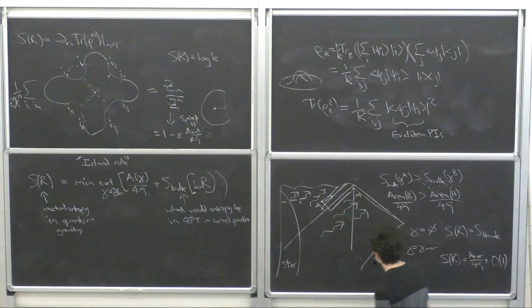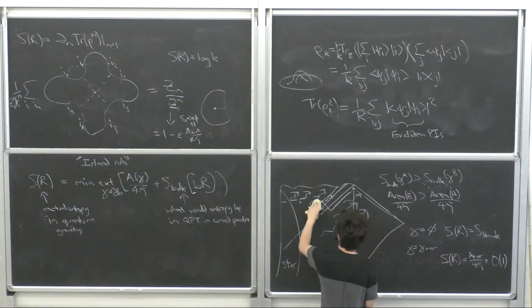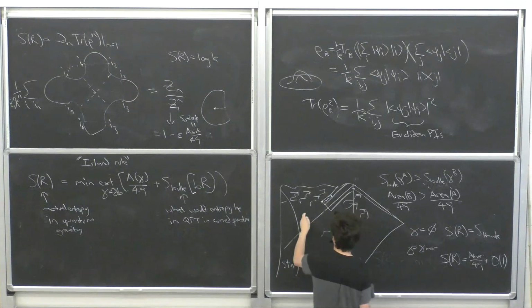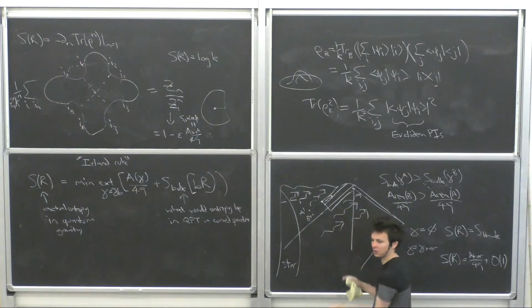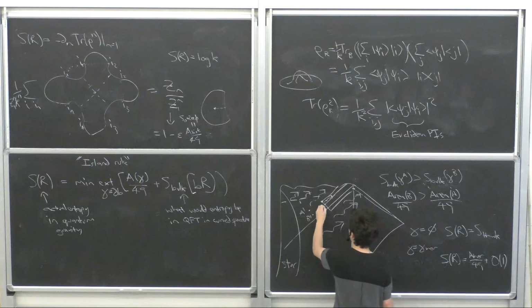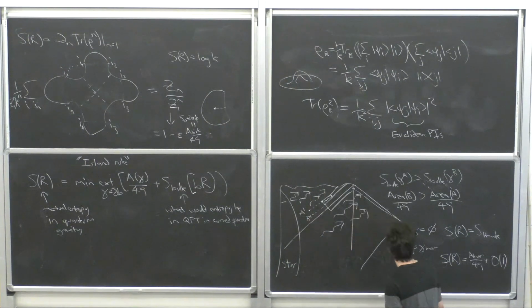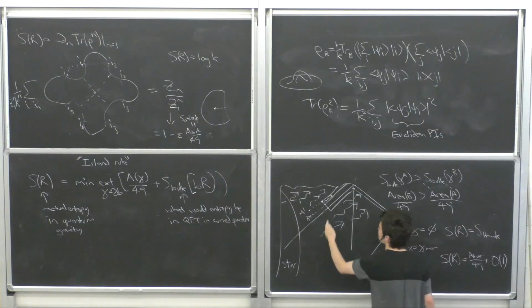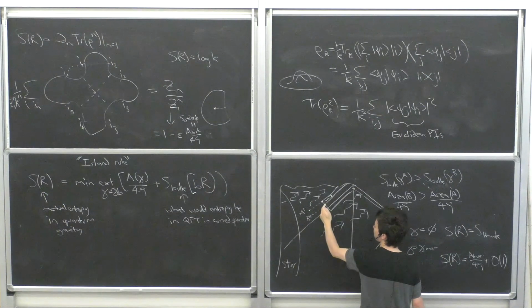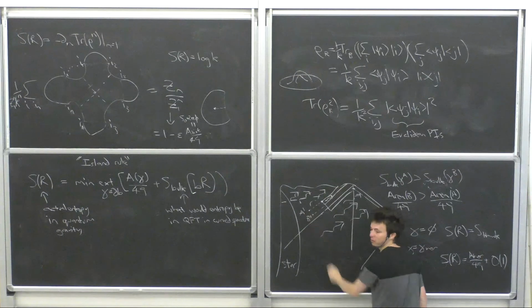So the trick is to imagine moving A and B further back in time. Let's call them A prime and B prime. I'm just parallel transporting them backwards along the light ray. So the same modes that were in A but not in B are in A prime but not in B prime.